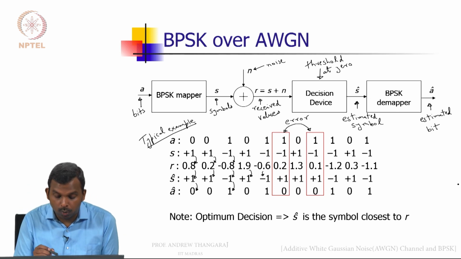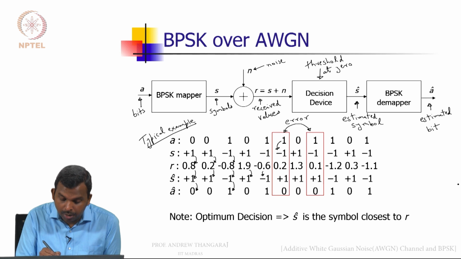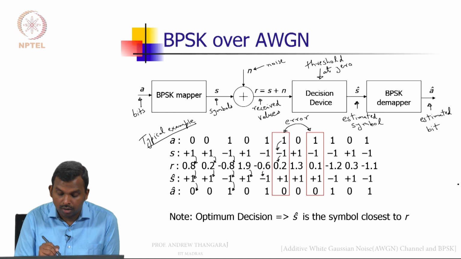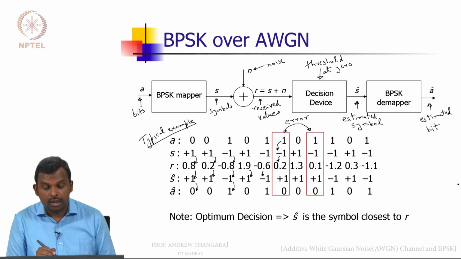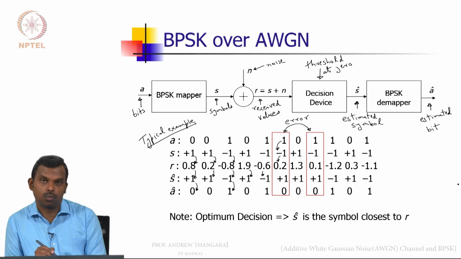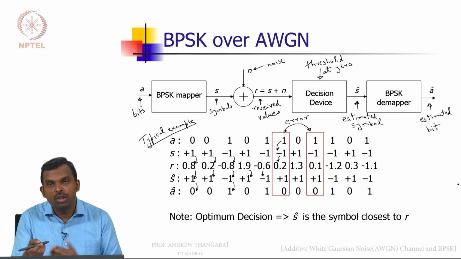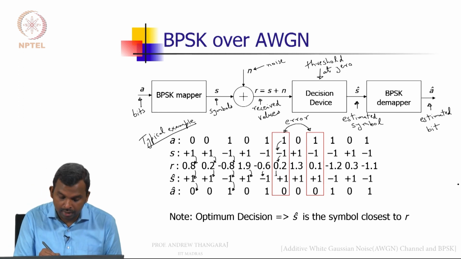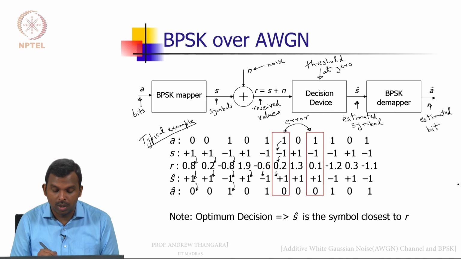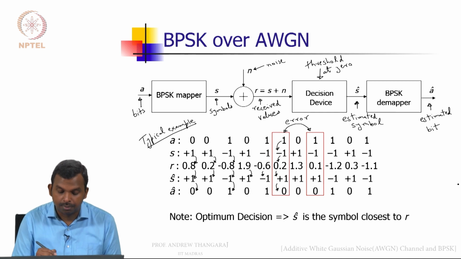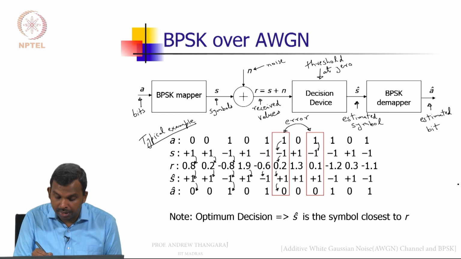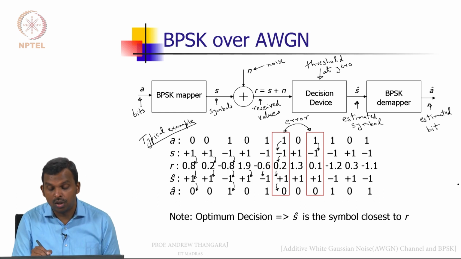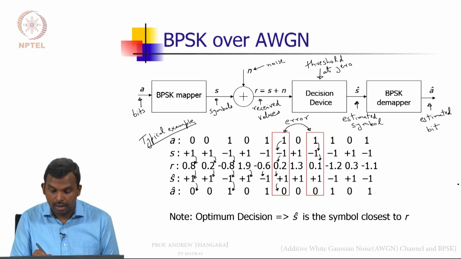You transmitted a bit 1, it gave you the symbol minus 1, and then the noise was so high, the noise was plus 1.2, that you went to the other side of 0, to 0.2, and your thresholding device has no other way than to conclude from 0.2 to plus 1, and from there you made an error. So, let us look at this other case. You transmitted a bit 1 again, it was minus 1, the noise was so high, it was 1.1, it went off to the other side of 0 and you made an error.